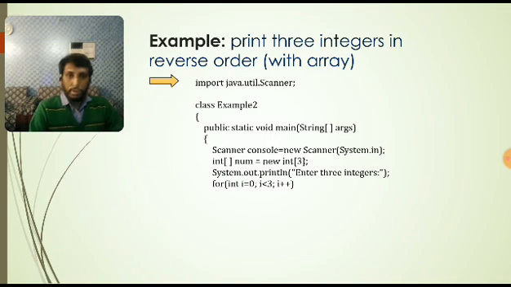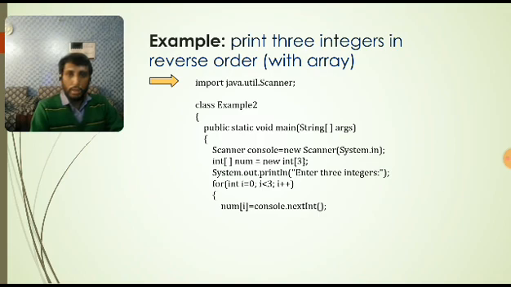Then we are using a for loop to accept 3 values while running the for loop, and they are going to be accepted into this array. So here the running started from 0 and the condition is i less than 3, which means limited to 2. It starts from 0 but stops at position number 2, and then i plus plus.